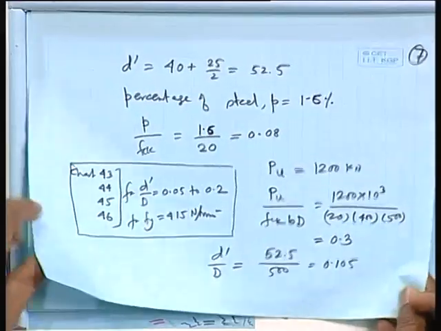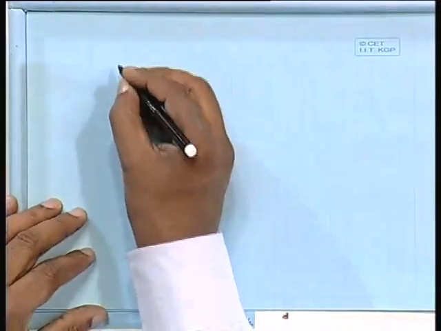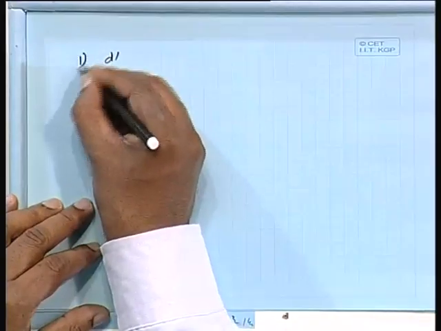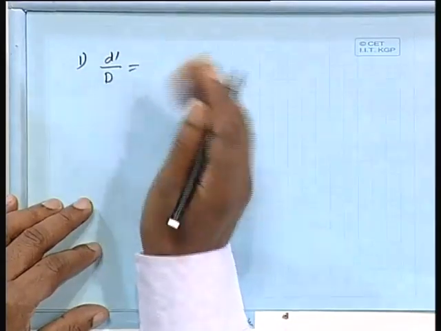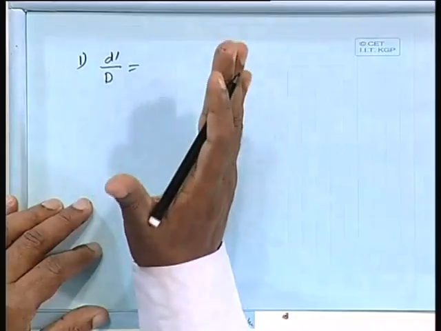So let us just summarize the whole thing. Case 1, d dash by D. We can talk about one about the major axis, another about the minor axis.